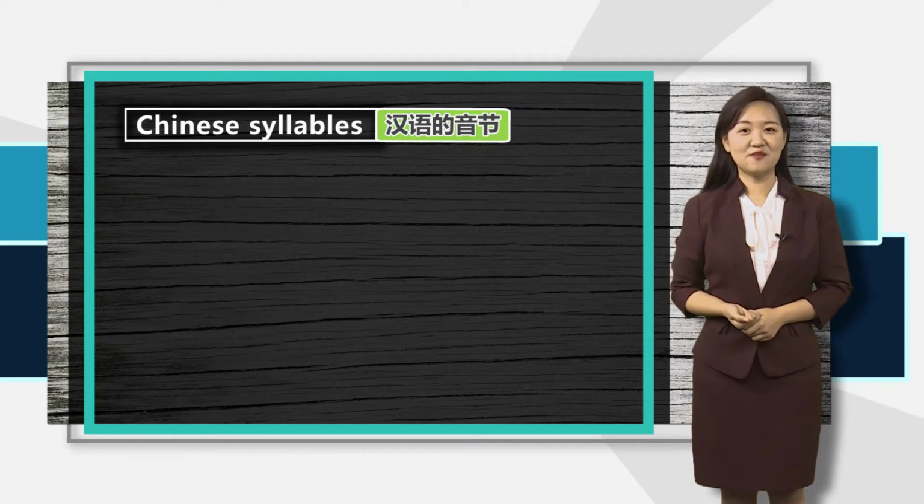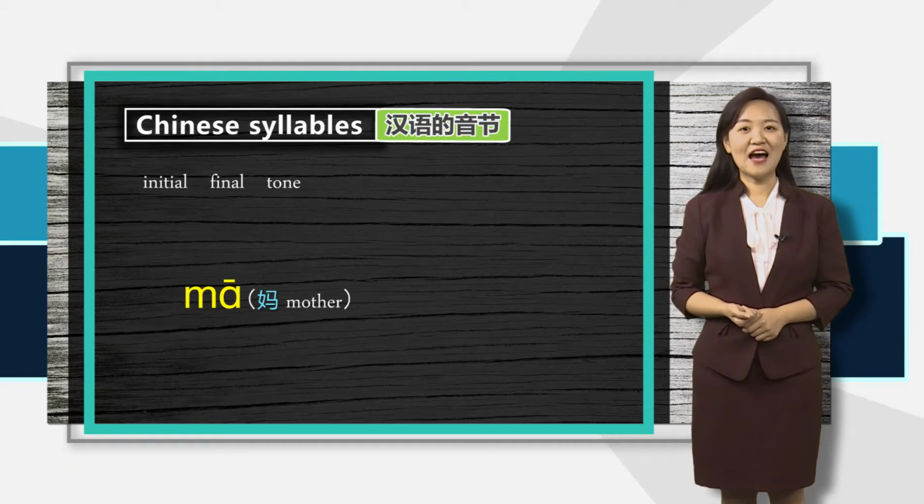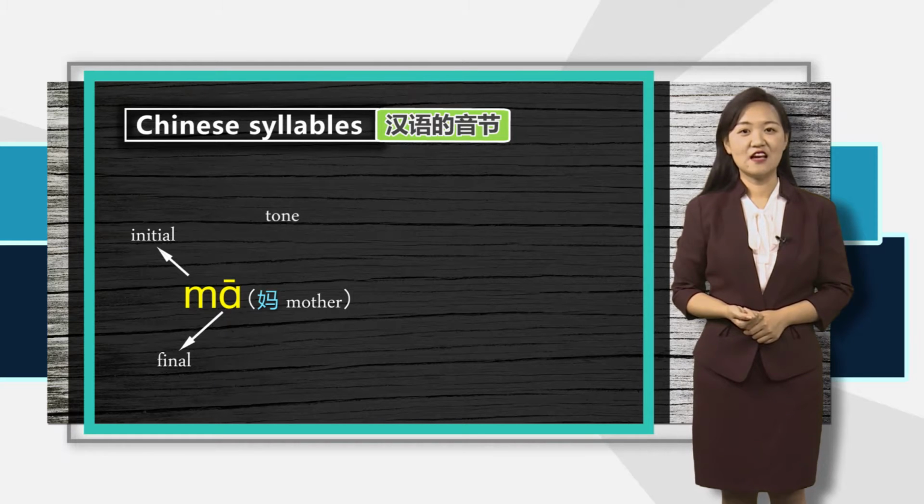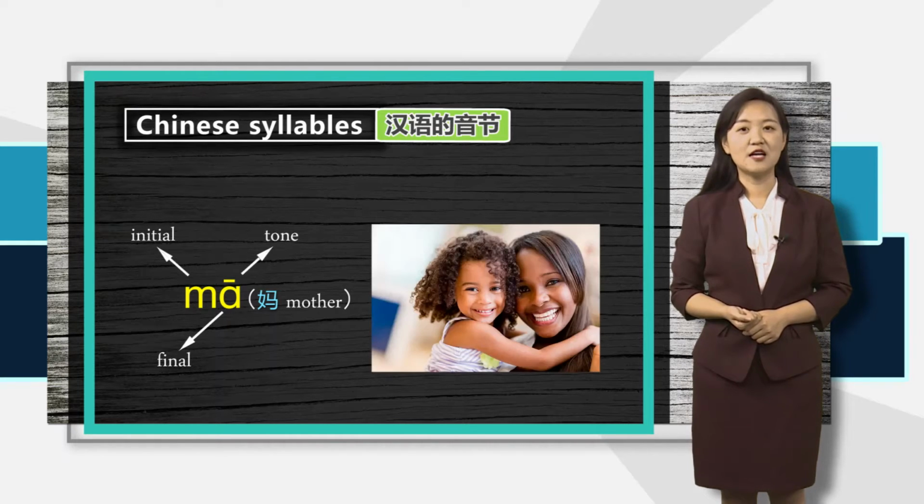A Chinese syllable is usually made up of 3 parts: an initial, a final, and a tone. For example, ma means mother, m is the initial, a is the final, and this is a first tone, so m, a, ma.